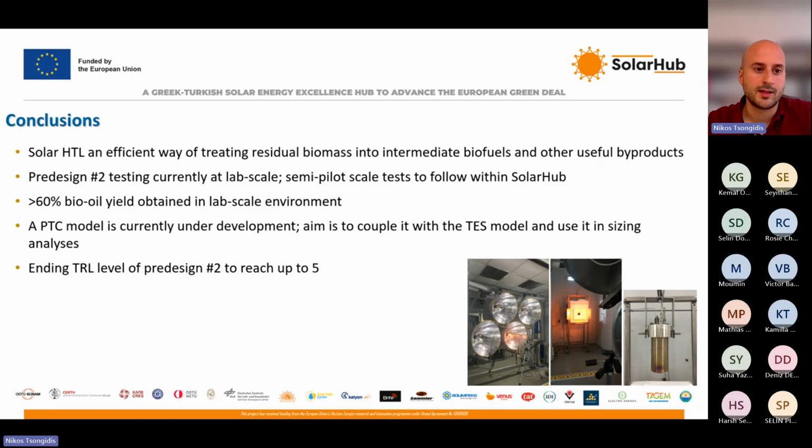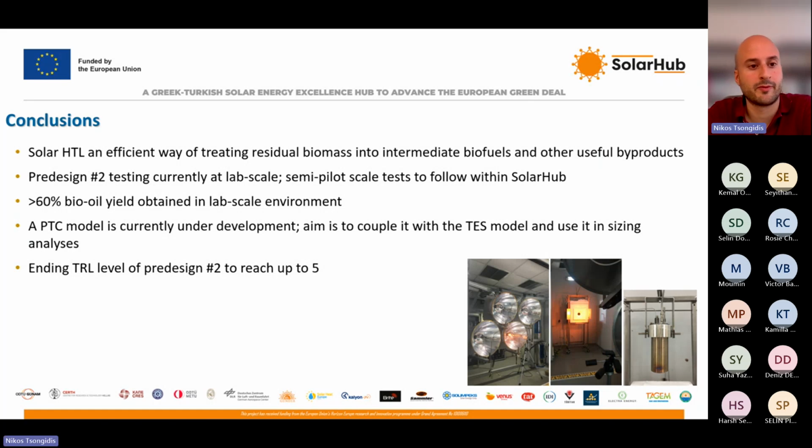So currently, the testing of pre-design number 2 is at lab scale. The idea is that till the end of SolarHub, till the end of the respective work package, some semi-pilot scale testing will take place in the mobile platform at CERTH, as well as at the parabolic trough collectors that UNAM have in their facilities.